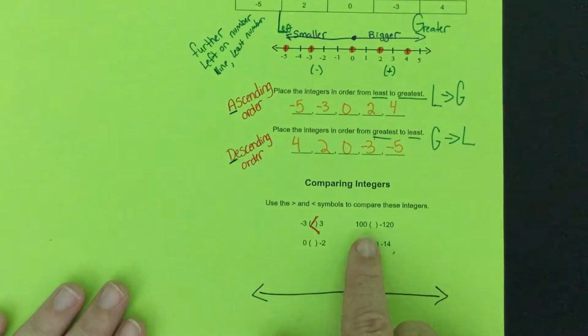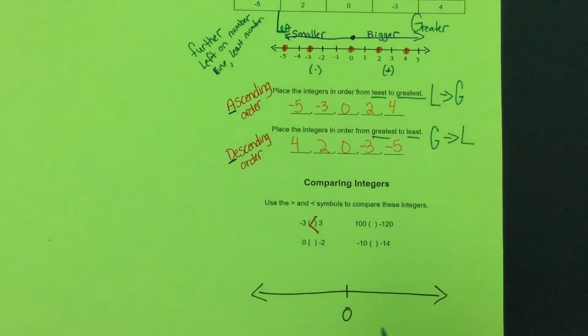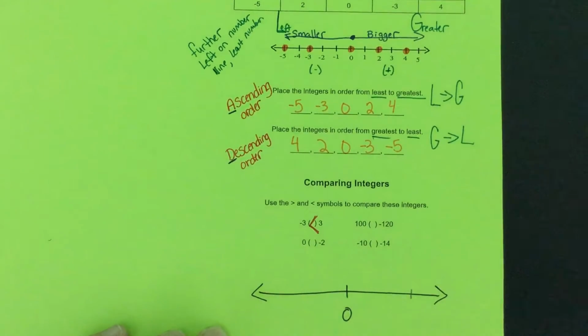All right, so I have 100 and I have -120. My brain wants to see 100 and 120, but my 6th grade mature brain is starting to see negatives and positives. Where would +100 go? On the right, maybe way over here, correct?